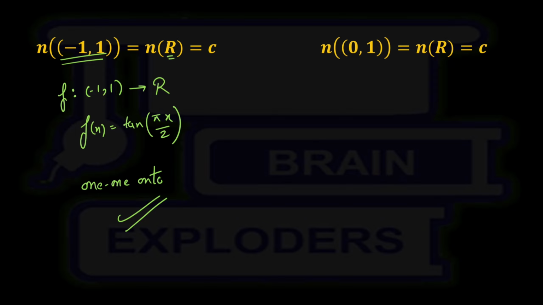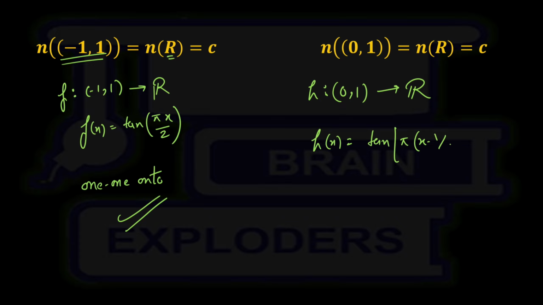Similarly, let us define a function from (0, 1) to real numbers, which is one-one onto, and in this way we will see that the cardinality of (0, 1) is the same as real numbers. So let us define it as h(x) = tan(π(x - 1/2)).